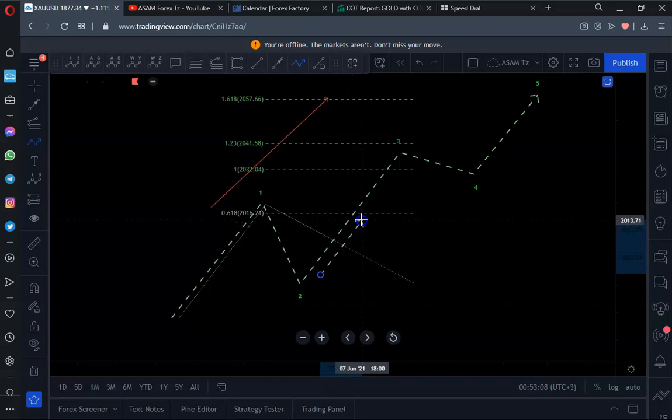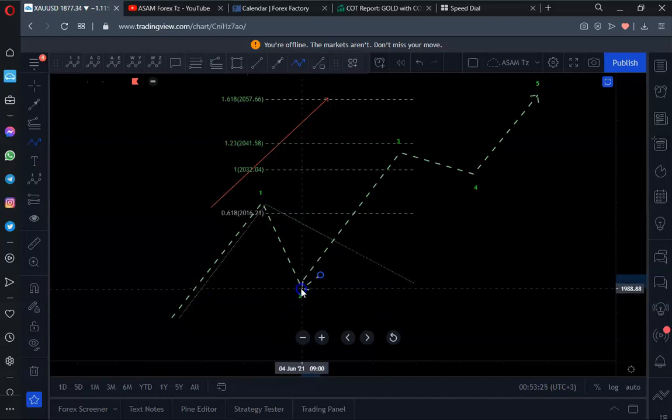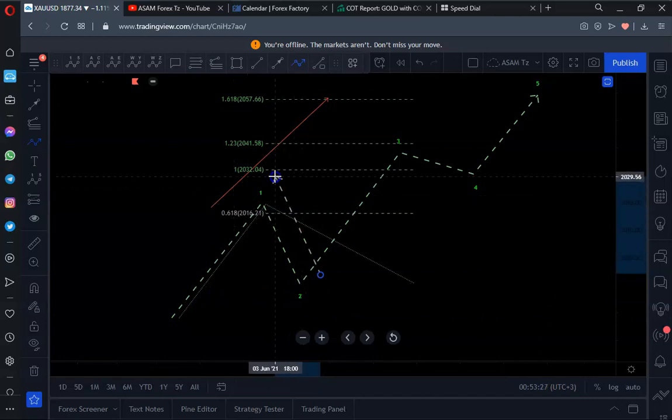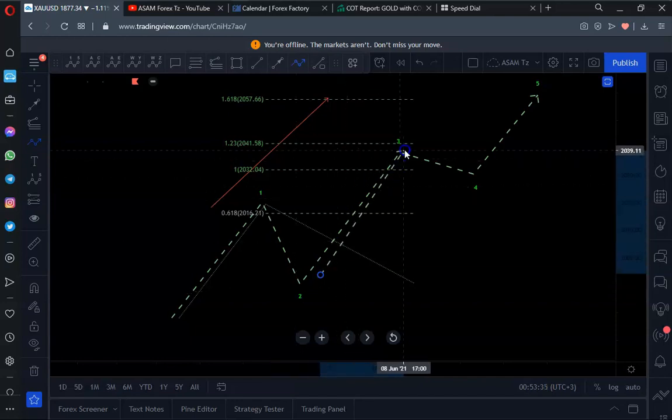When this third wave is developing, you can use an extension tool to anticipate the areas where this third wave is going to end. So you will run the extension tool by taking this low to the high to this new low. Those readings there are the areas where the third wave is expected to end.